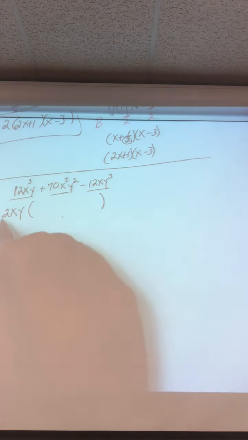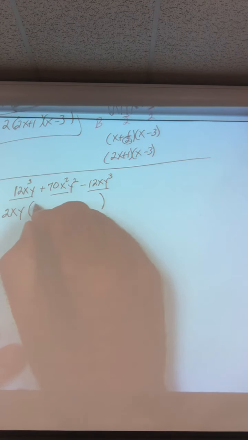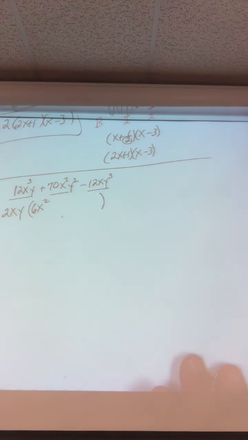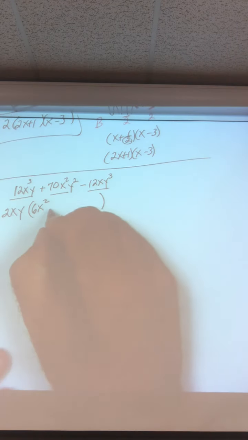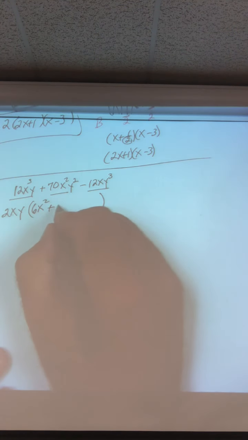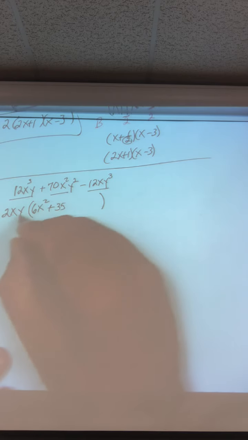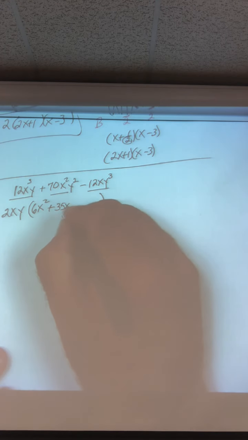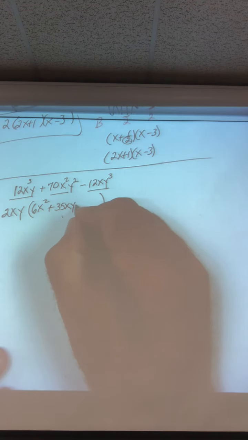Now let's divide. 2 into 12 is 6. X into x cubed is x squared. Y into y completely cancels. Plus 2 into 70 is 35. X into x squared is x. Y into y squared leaves y.